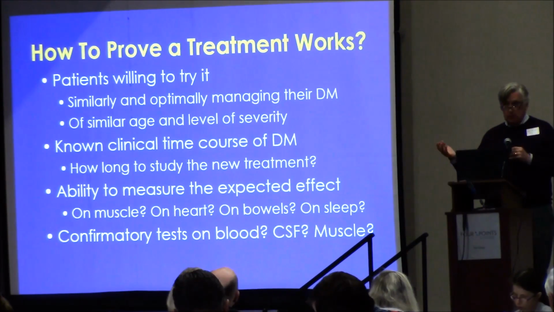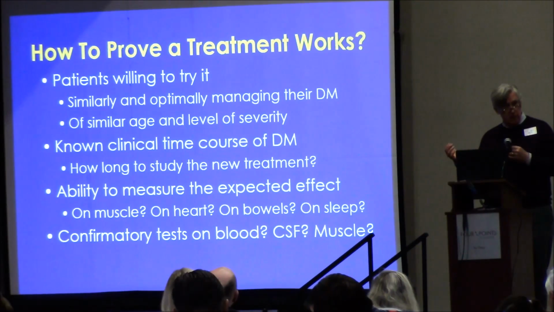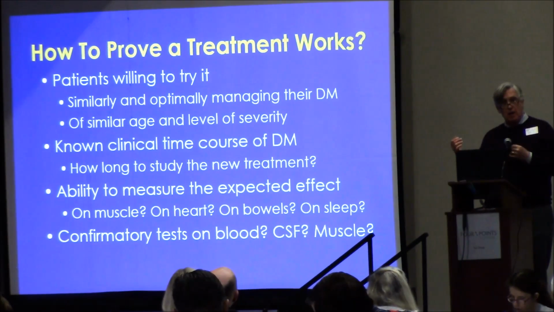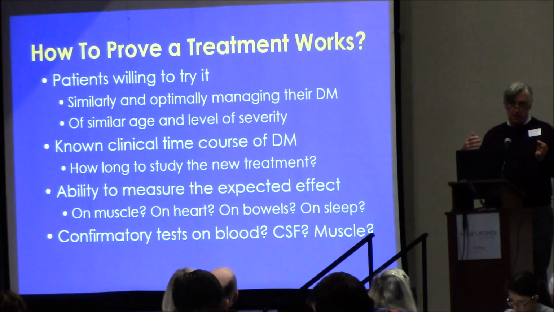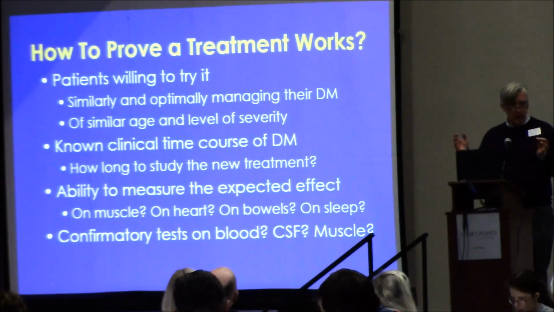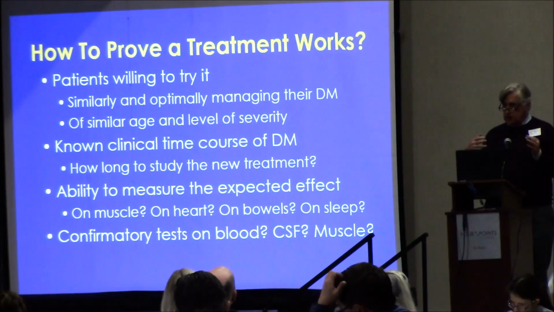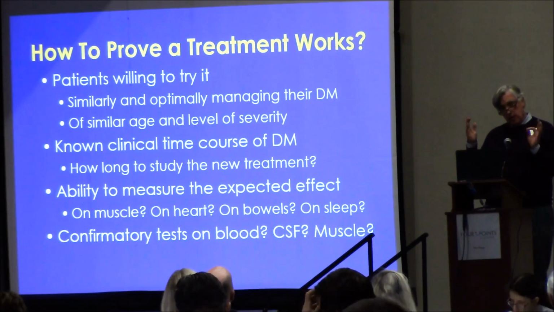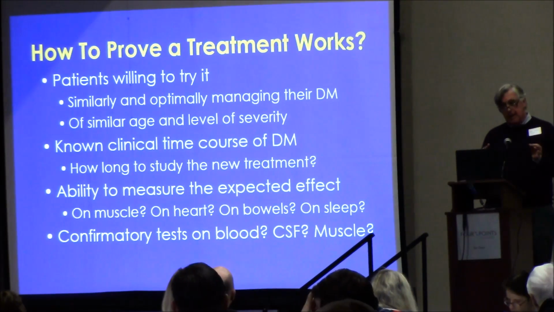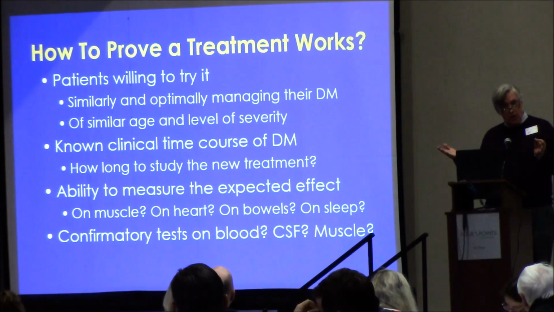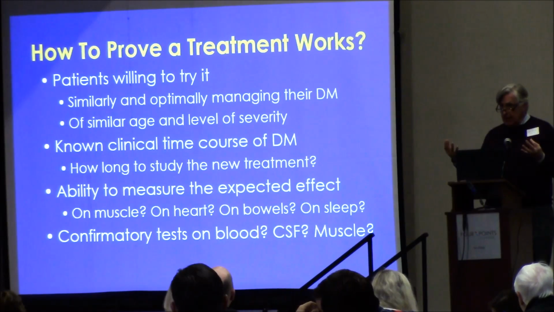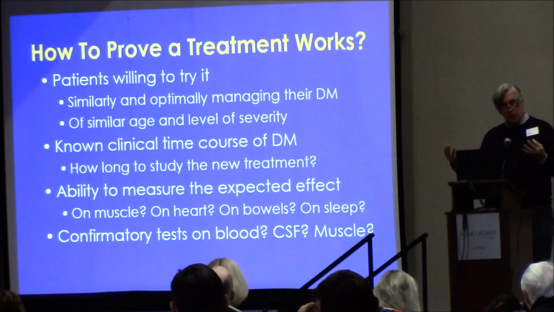The people have to all be optimally and similarly cared for. If we have somebody with myotonic dystrophy who is getting no care at all and is really suffering from a number of features and getting no support, and we give them the medication, it might be lost. We might not be able to see the effect because there are too many other things going on.